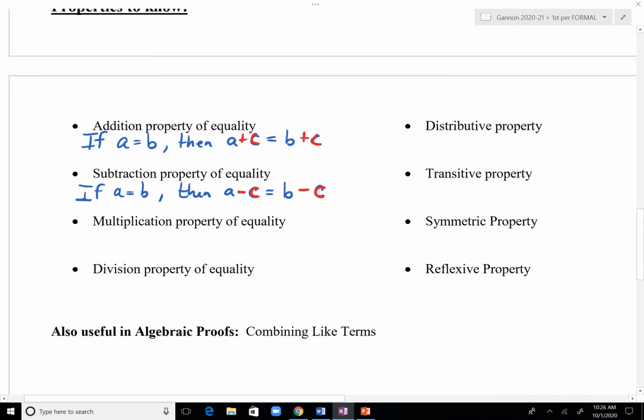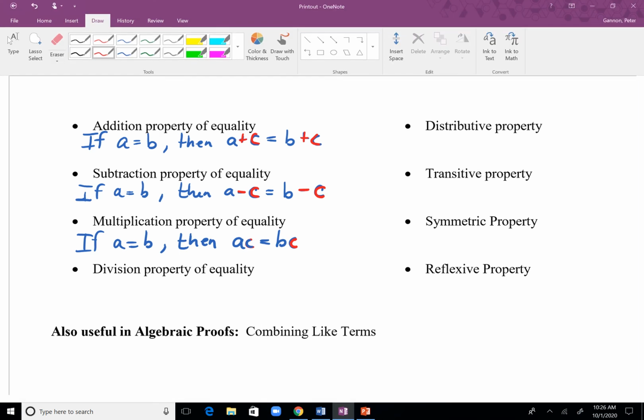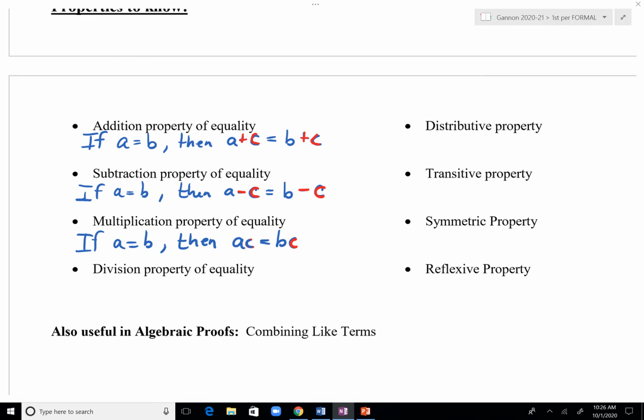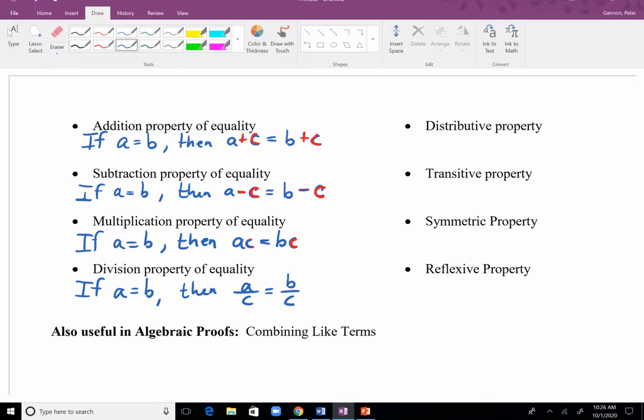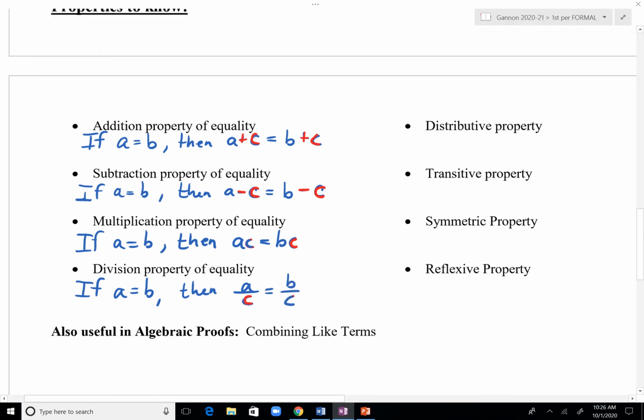The multiplication property of equality, you could probably guess what that is at this point, but if A is equal to B, then A times C is equal to B times C. We have the division property of equality, which would fall under if A is equal to B, then A divided by C is going to equal B divided by C. Okay.